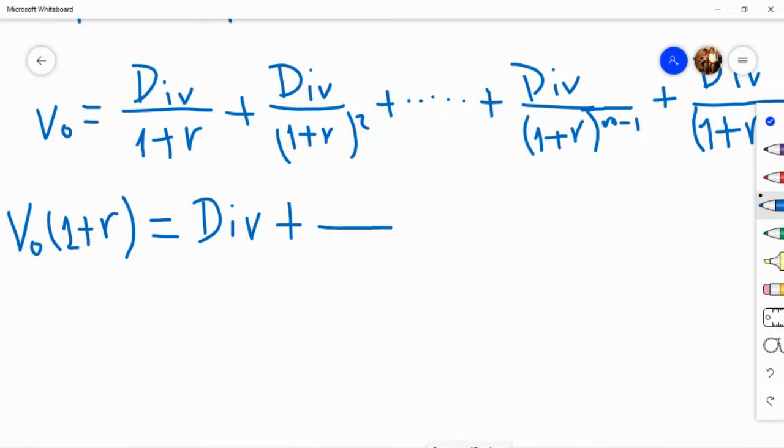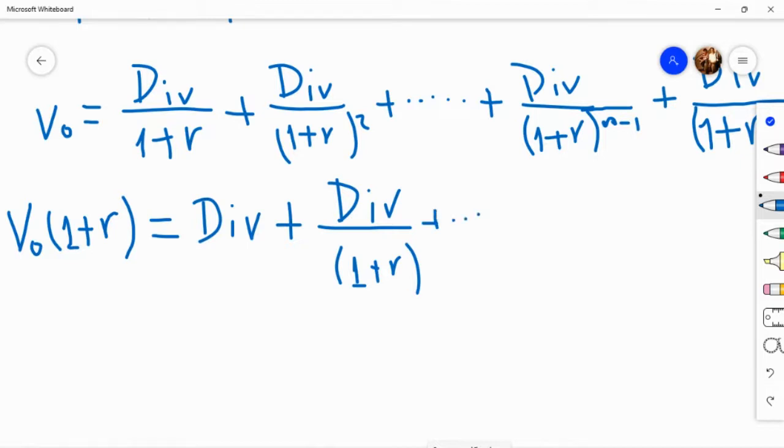The second term will be dividend over 1 plus R only, because the numerator multiplied will cancel out one of the 1 plus R in the denominator.